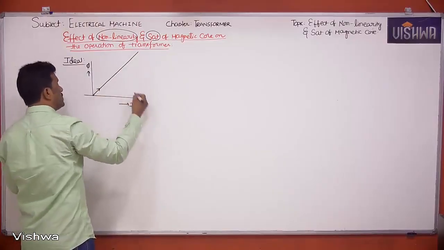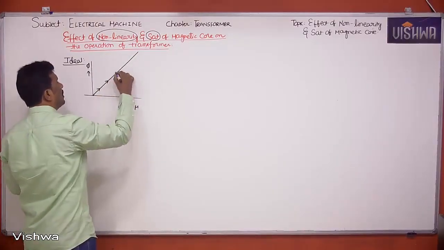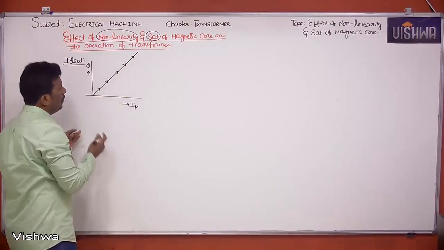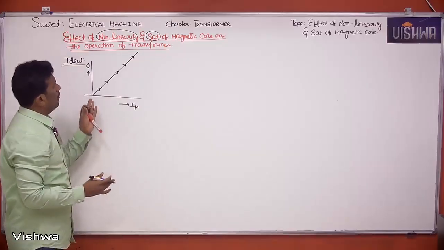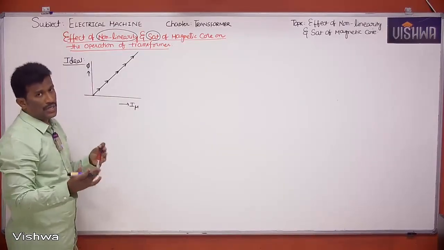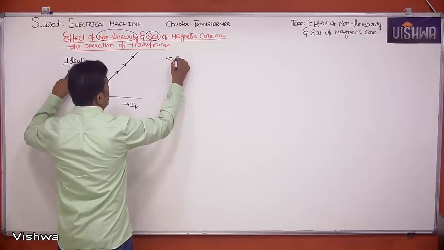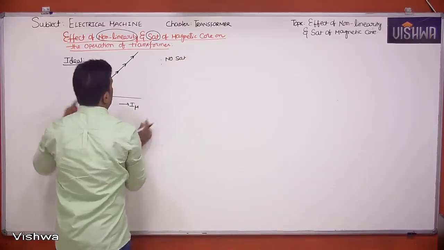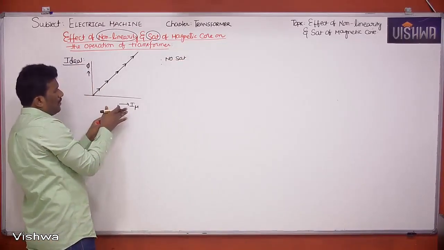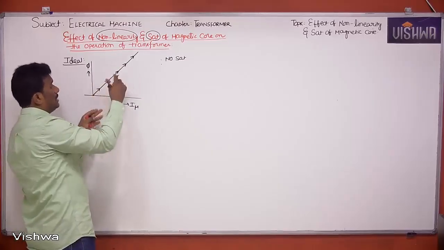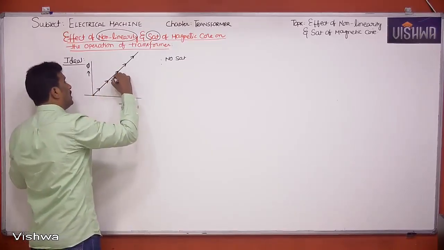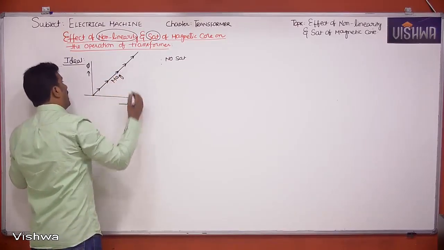If you increase I mu value to infinite, flux also will go to infinite. Ideally, no saturation. And whenever you increase the current value, the path along which flux increases can be called the magnetization path.